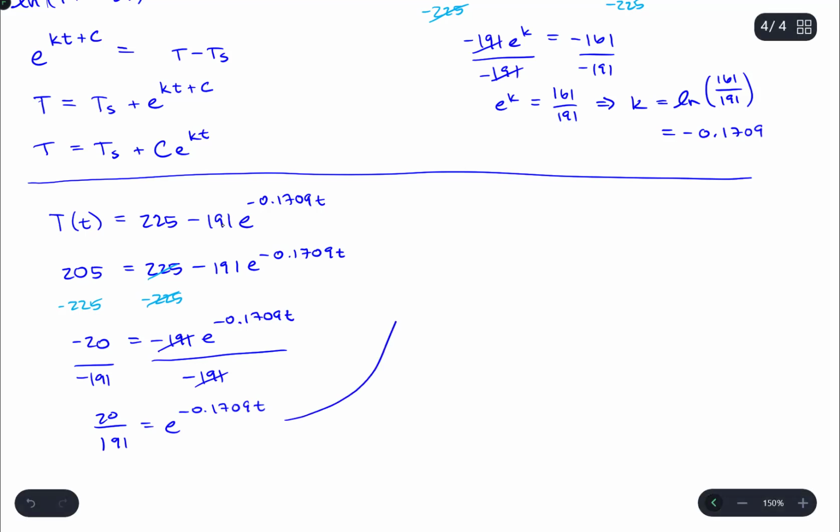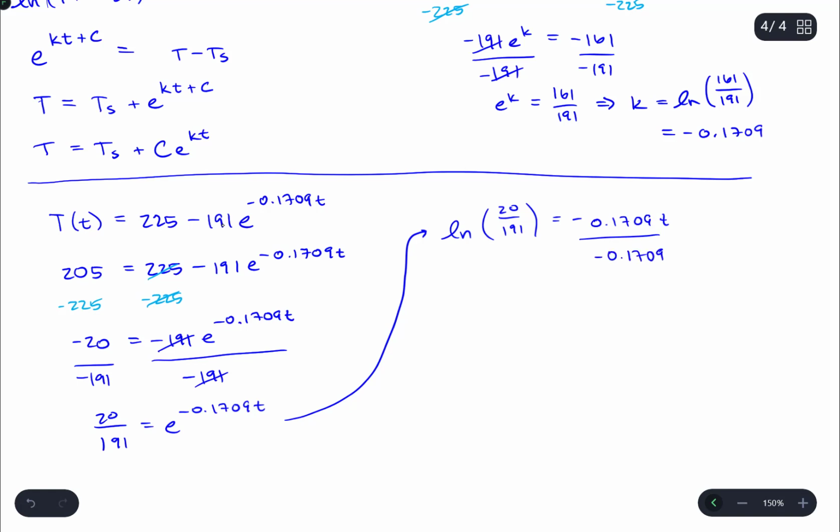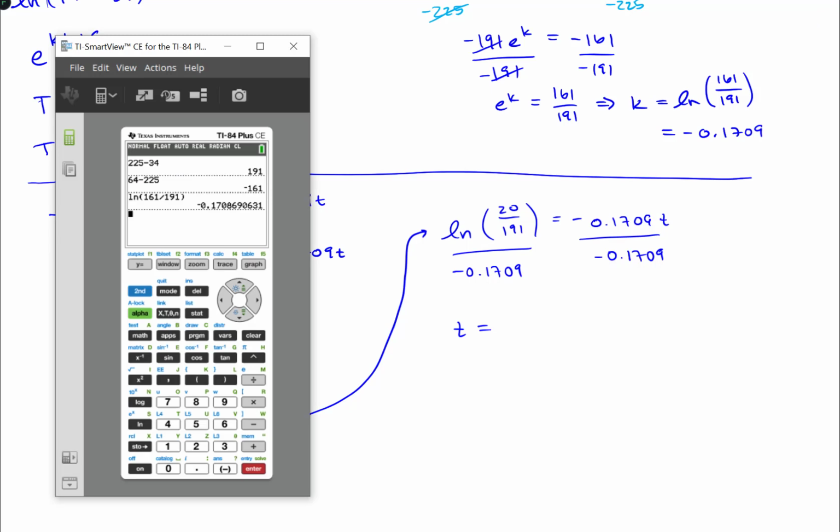And if I change this into logarithmic form, it would be a log base e, so a natural log, of 20 over 191 equals the exponent, negative 0.1709t, and we just need to divide both sides by this value in order to determine our value of t.